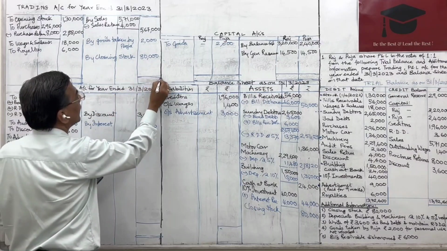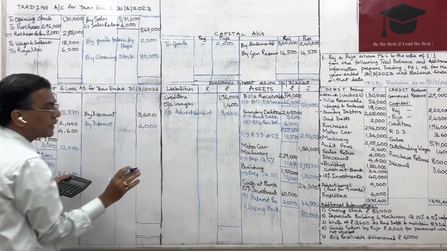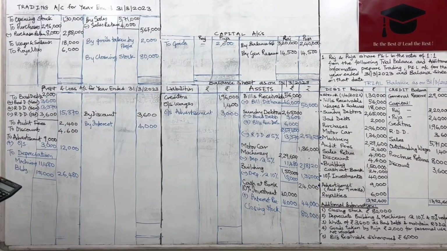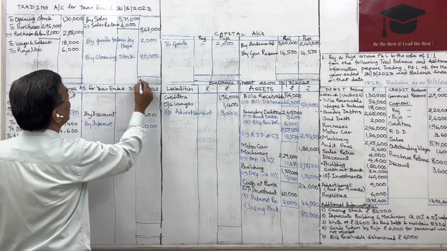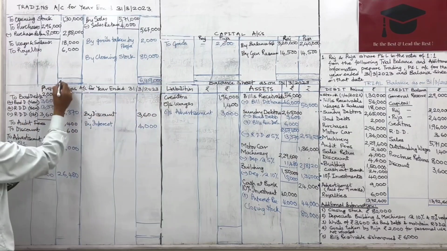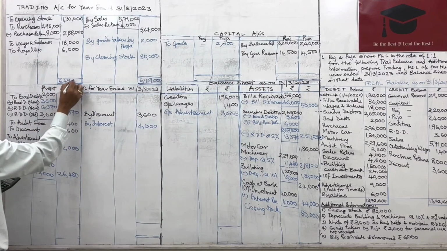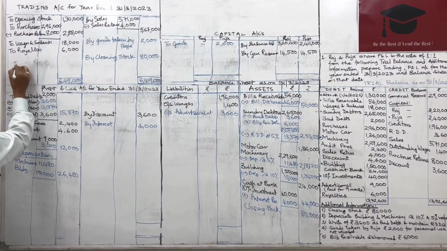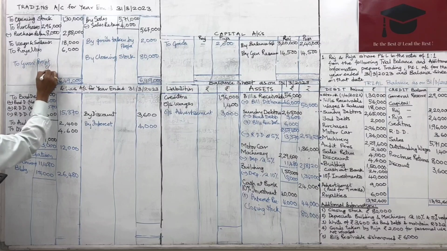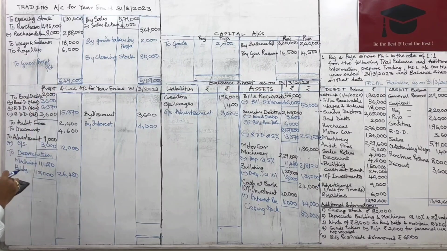After that, once I am completed with all the adjustments, I then begin to close my trading account to find out the gross profit. That is 6,49,000 is the total. So to gross profit, carry it down, and we will get the gross profit now.